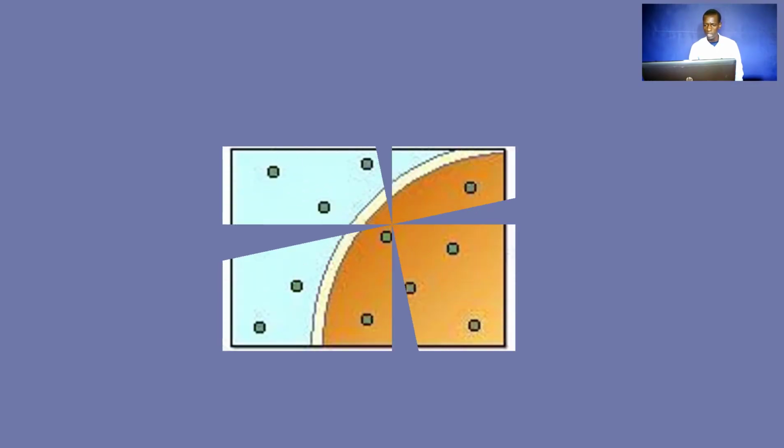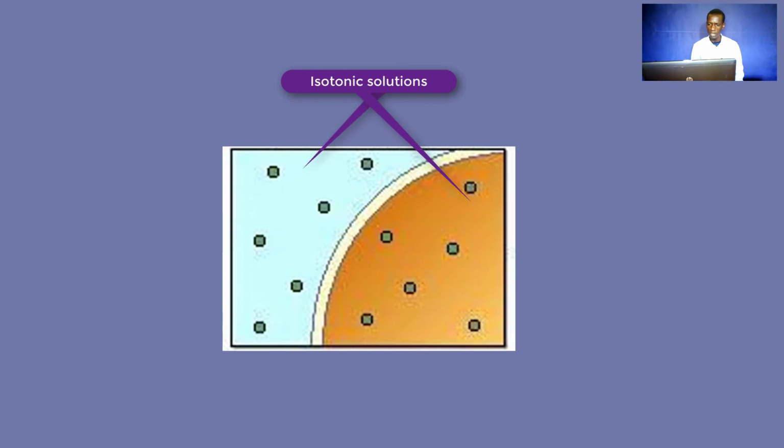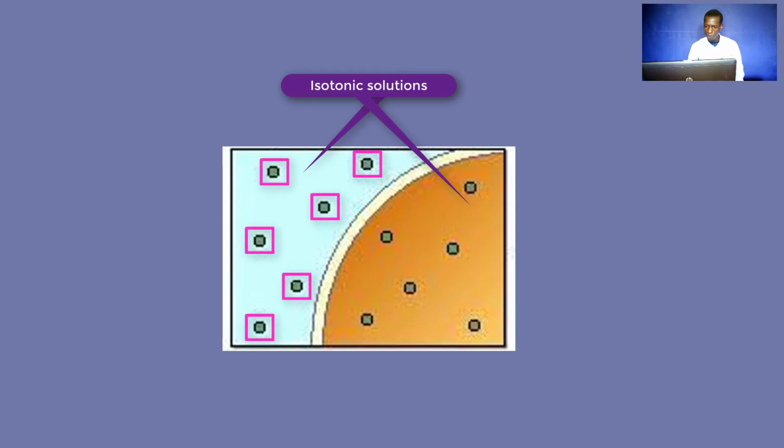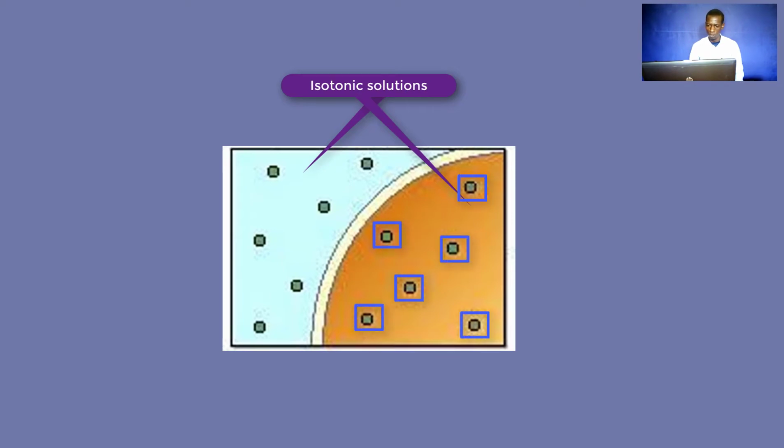When you look at this second part, which represents the isotonic solution, outside the cell we have 6 granules, as you can see. Those 6 granules represent a certain concentration of the solute molecules. The inner part, which is represented by the brown color, also comprises those 6 dark granules which represent the solute molecules.